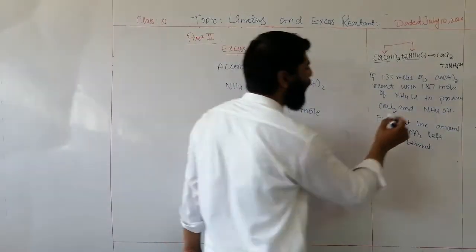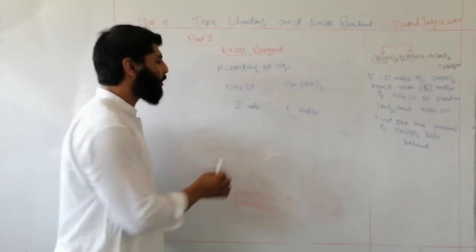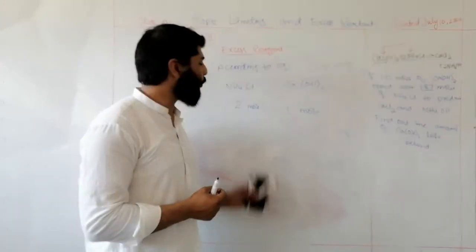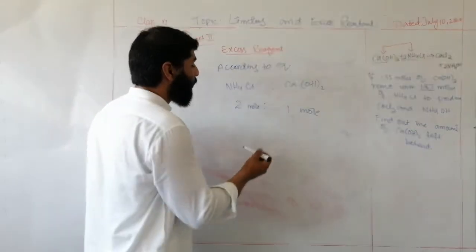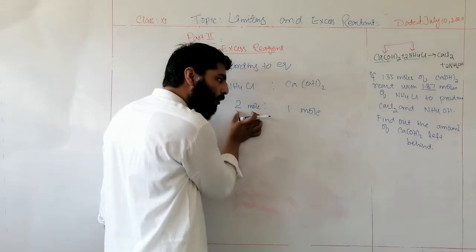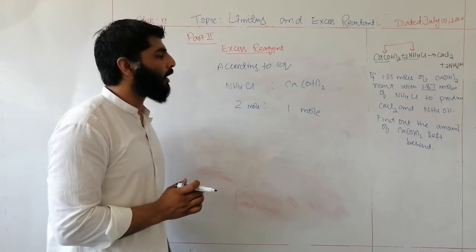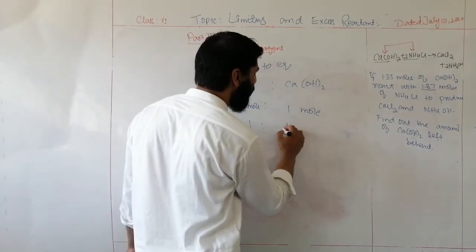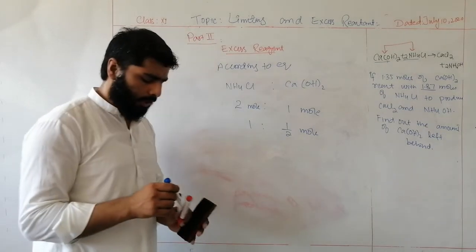You have to find the value for 1.87, so for this purpose you use the unity factor, which is the conversion factor. With 2 moles, the reaction of 1 mole of calcium hydroxide occurs. Then with 1 mole, there will be half mole of calcium hydroxide.